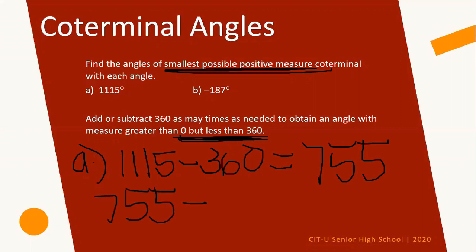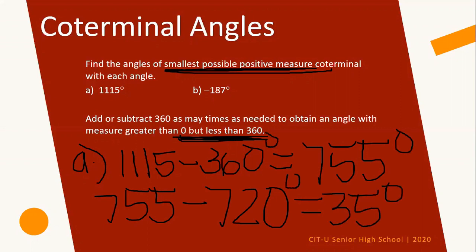From 755, you are sure that you can deduct 720 because you know that 720 is a multiple of 360. So you have 35 degrees. Therefore, the smallest positive coterminal angle of 1115 is 35 degrees.